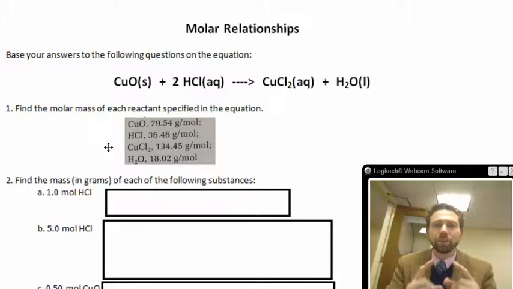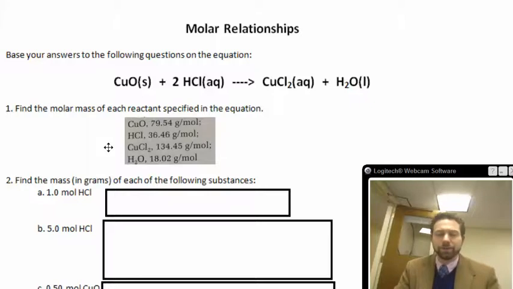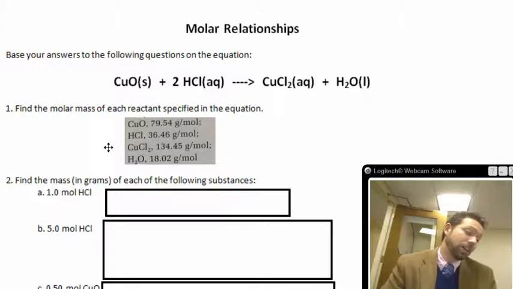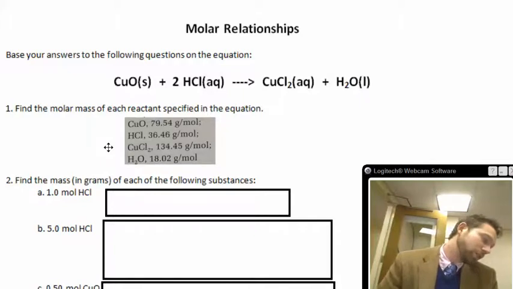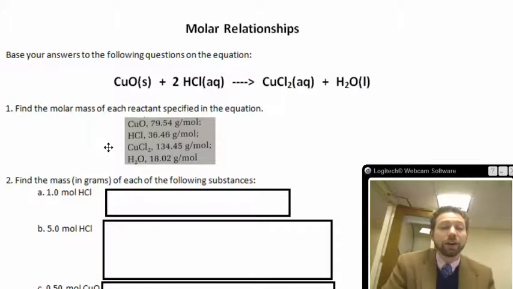So, number two, we need to find the mass in grams of each of the following substances. A, 1 mole of hydrochloric acid. Well, if we have the molar mass of hydrochloric acid, which we do, hydrochloric acid is 36.46 grams per mole.